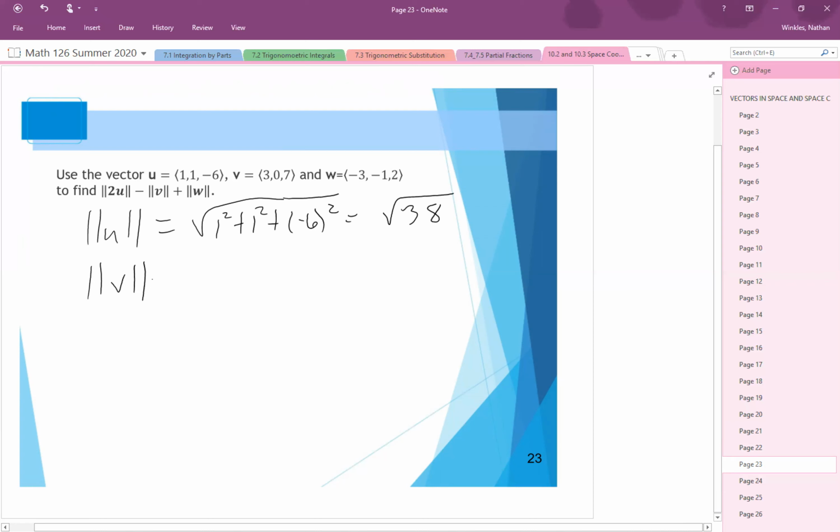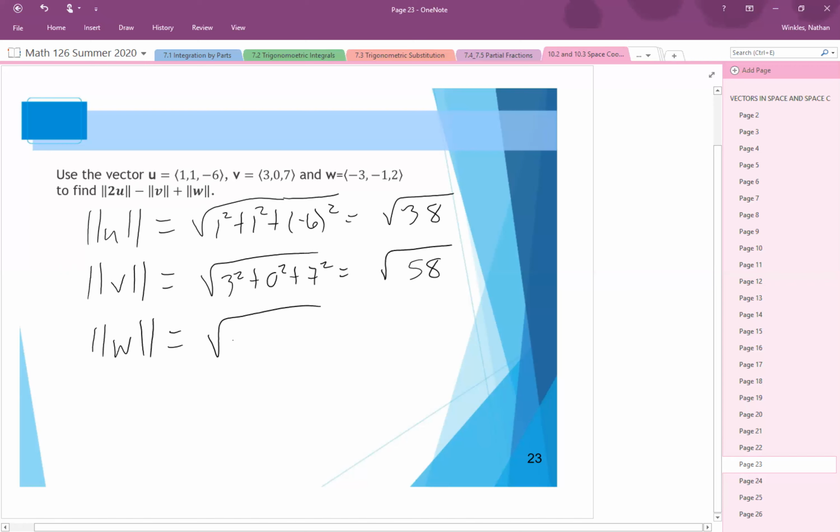The magnitude of v is the square root of 3 squared plus 0 squared plus 7 squared, which is the square root of 58. The magnitude of w is the square root of negative 3 squared plus negative 1 squared plus 2 squared, which is the square root of 14.